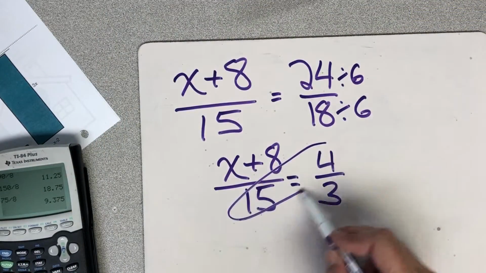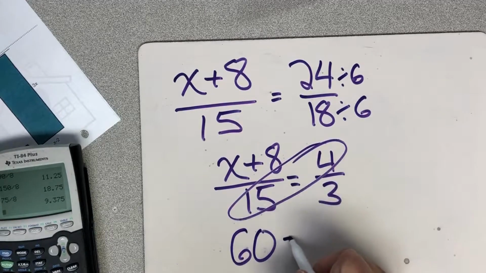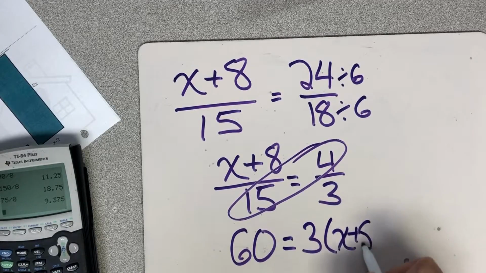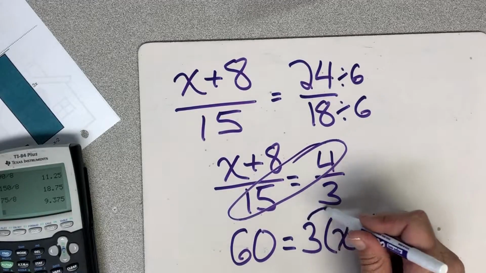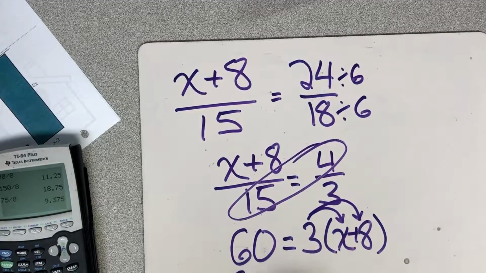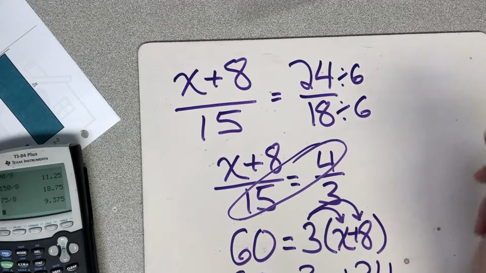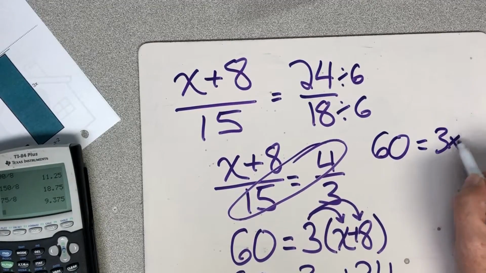So now I cross multiply. 15 times 4 is 60, and over here, I indicate 3 times the quantity X plus 8. Now I'm going to distribute, and I get 60 equals 3x plus 24.